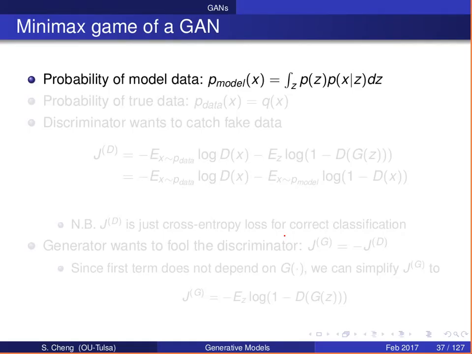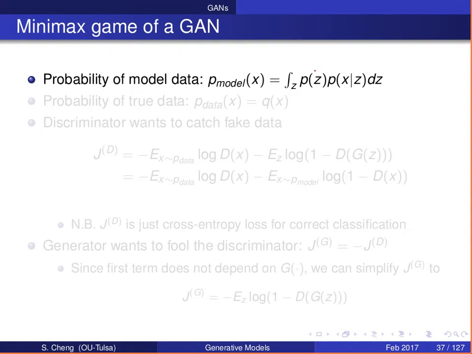And then as I mentioned, it's a minimax game. Basically, it's just a two-player non-cooperative game. So you have two objectives from two sides there. The model is basically from the generator.